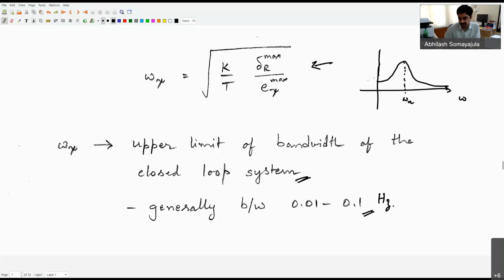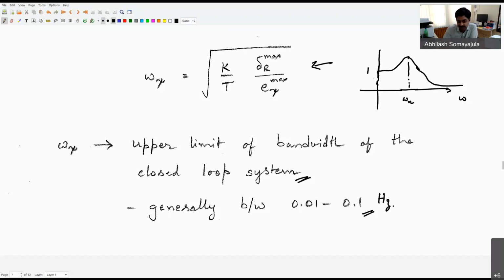This value starts at 1, or whatever the steady state value is, then it increases to a certain value at the natural frequency and decays down as the frequency increases.